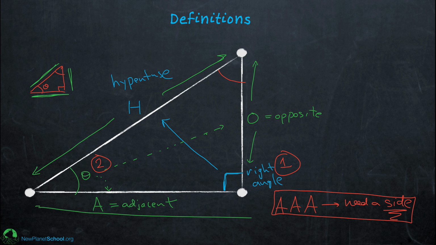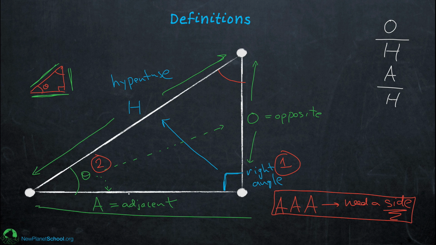So which ratios should we talk about? Let's imagine we have a ratio of the opposite side to the hypotenuse. As we scale this up, this is a reasonable property of the triangle. The ratio actually has some meaning. Another ratio I could consider is the adjacent over the hypotenuse.